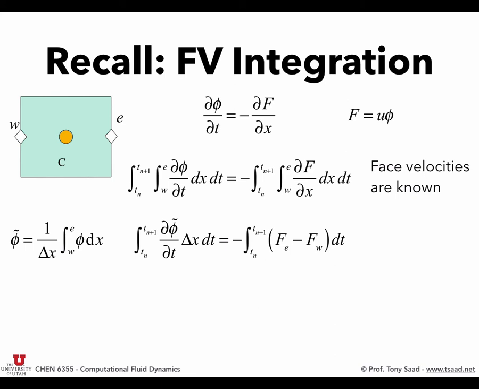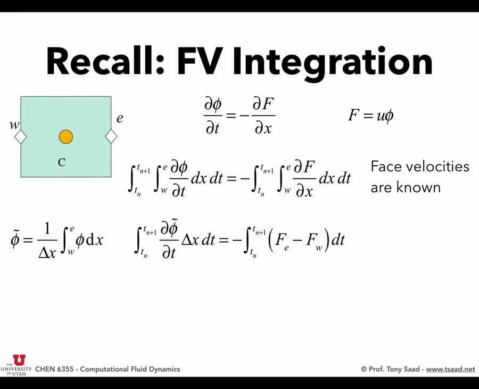Now, what happens to the right-hand side, df dx dx? The dx cancels out, and you get f east minus f west, but the integral from tn to tn plus 1. Okay? Now, just like we assumed an average value in space, we're going to assume an average value in time.